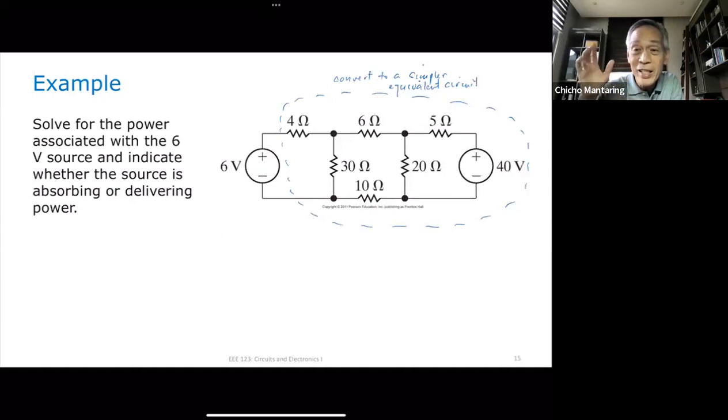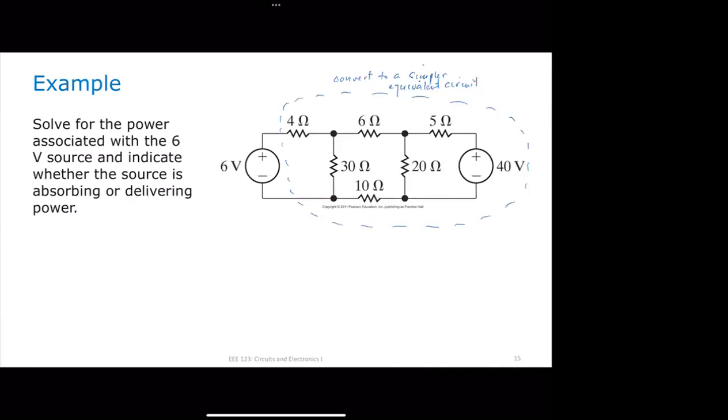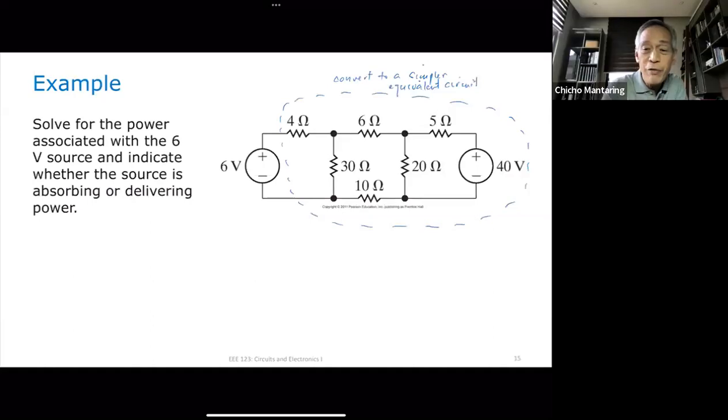Because in essence, I made my 6-volt source disappear. So that's why I said, if you want to get the power associated with this, you work your way to the right and then go toward the left. Having said that, do you see what I can do?